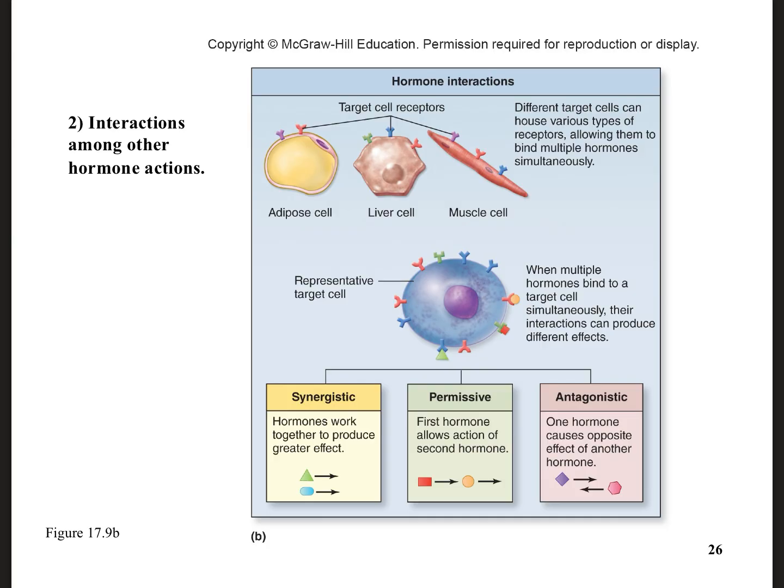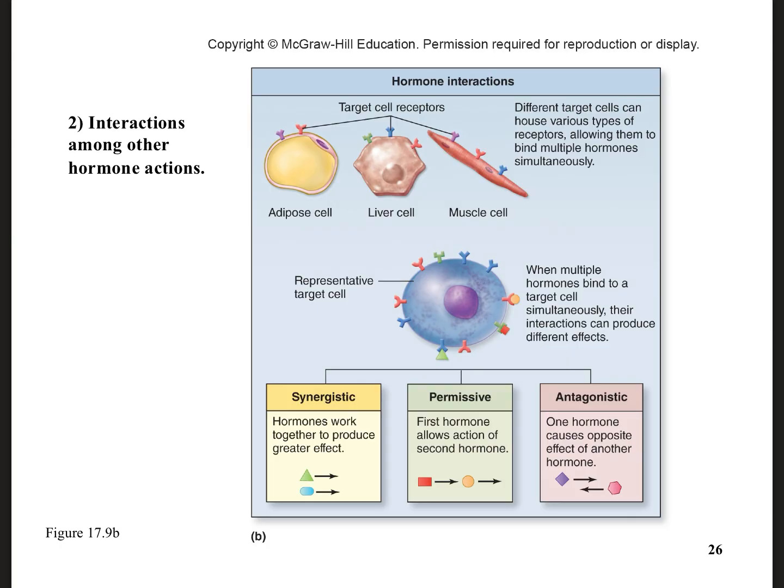Sometimes multiple hormone receptors and hormones will work together, like in muscle. Testosterone and growth hormone work together to build muscle. Straightforward, yes? That is what we call synergism. Multiple hormones, the target cell has receptors for both, and they work together to promote whatever cellular outcome we're talking about.